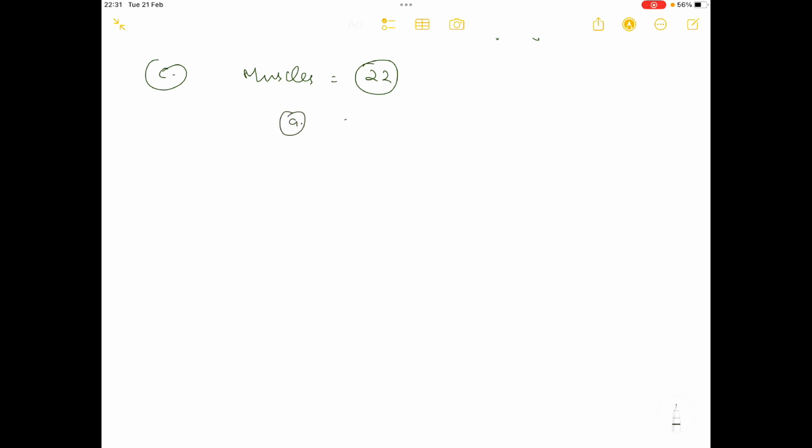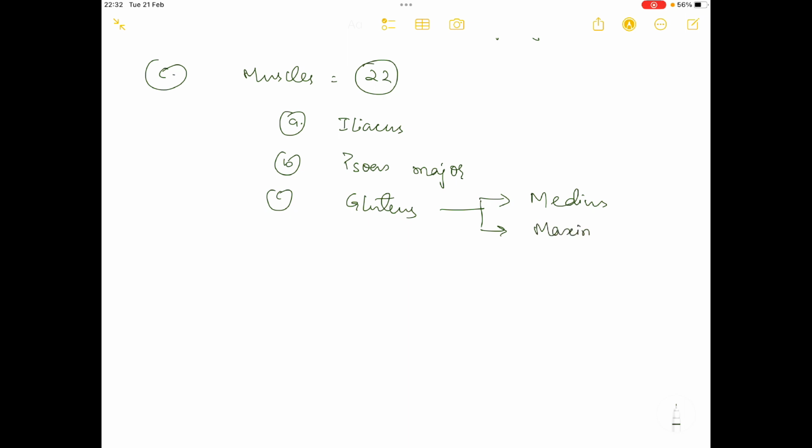I'm writing the names here: iliacus, psoas major, gluteus. Gluteus has three muscles, so that would be gluteus maximus, gluteus medius, gluteus intermedius, and gluteus minimus.